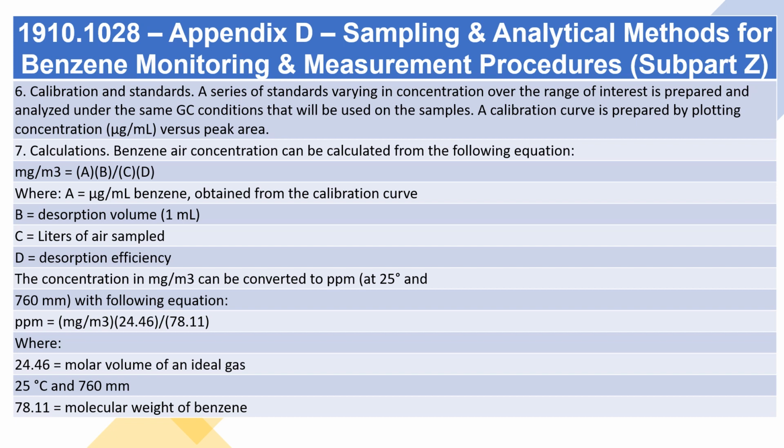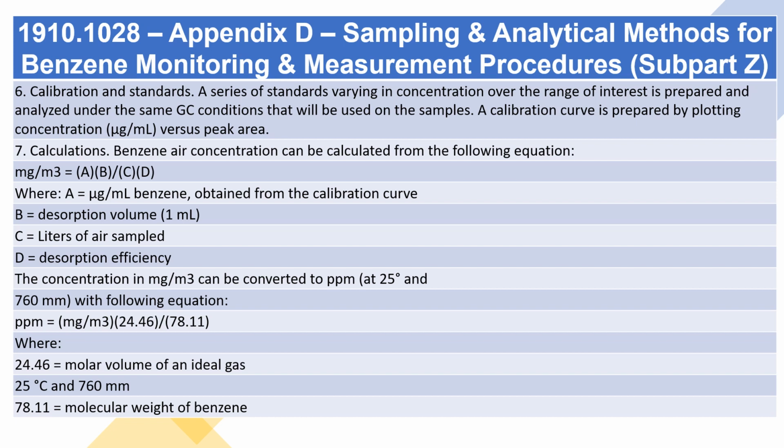Benzene air concentration can be calculated from the following equation. mg/m3 equals A times B divided by C times D, where A equals µg/ml benzene, obtained from the calibration curve, B equals desorption volume, 1 milliliter, C equals liters of air sampled, D equals desorption efficiency. The concentration in mg/m3 can be converted to ppm at 25 degrees and 760 millimeters with the following equation.